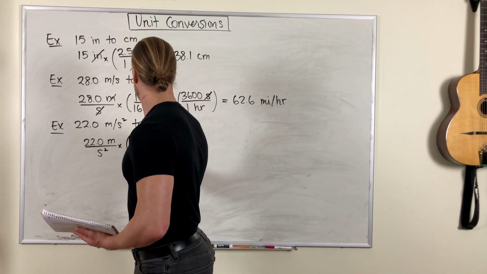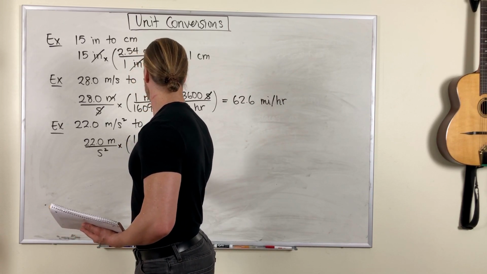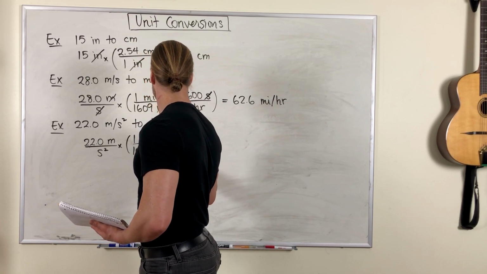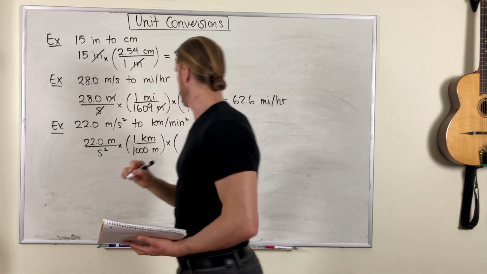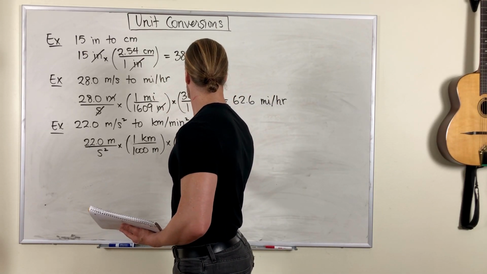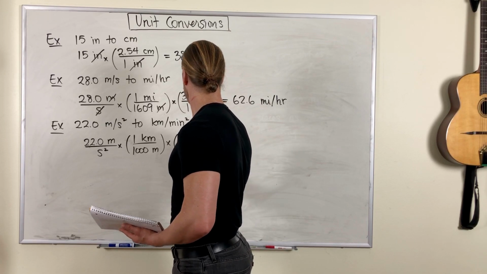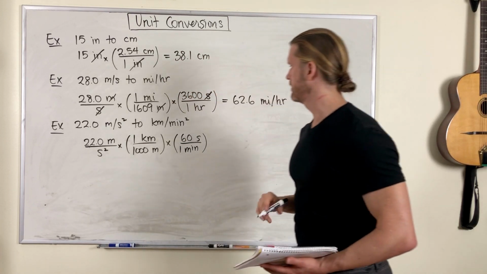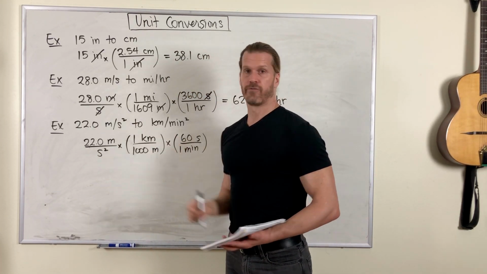We know that 1 kilometer is 1,000 meters. And we know that 1 minute is 60 seconds. But now here's the tricky part of this problem.